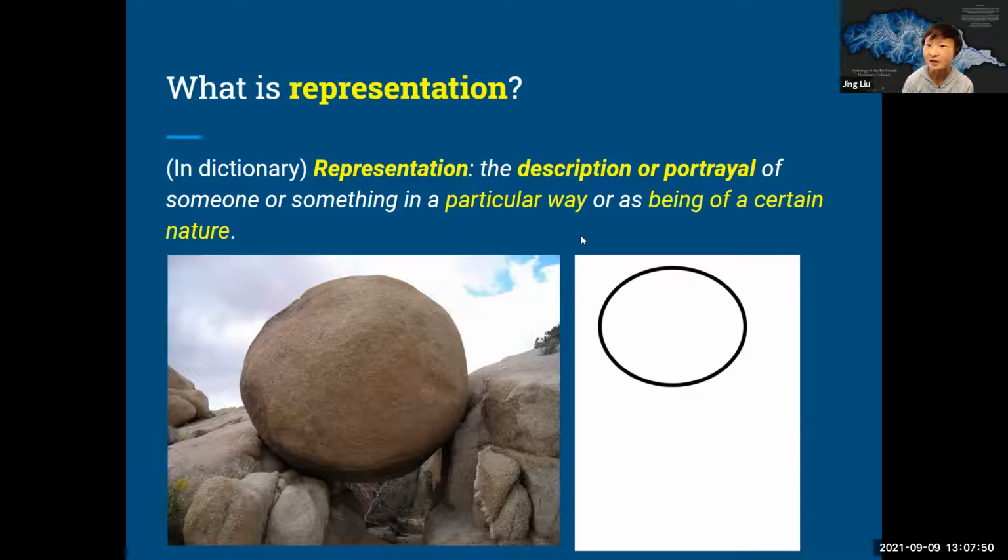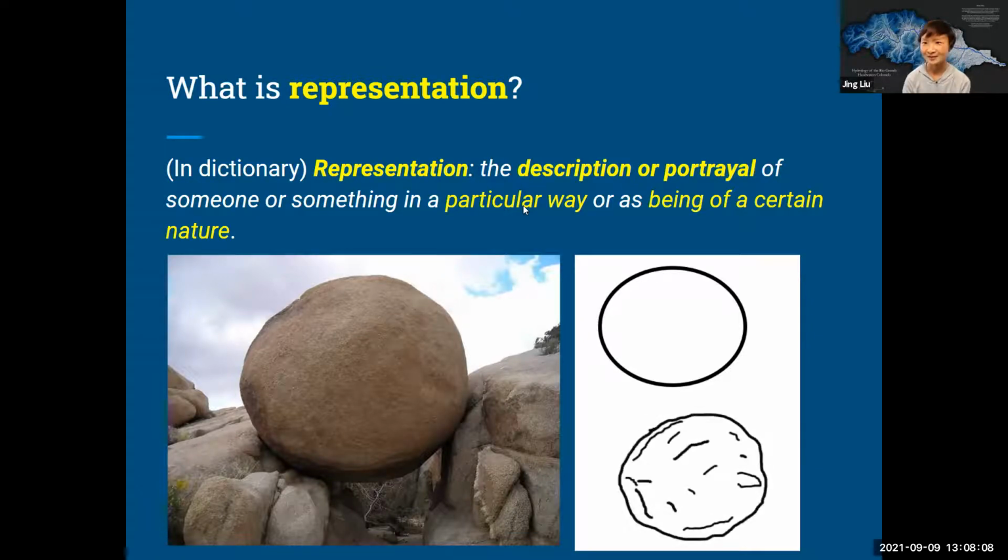A representation of this rock is to portray this rock, the shape, right? The shape of this rock is round. So you can see I basically represent this rock with this oval shape, right? Or I can represent that like this. It's more like an artist drawing, right?